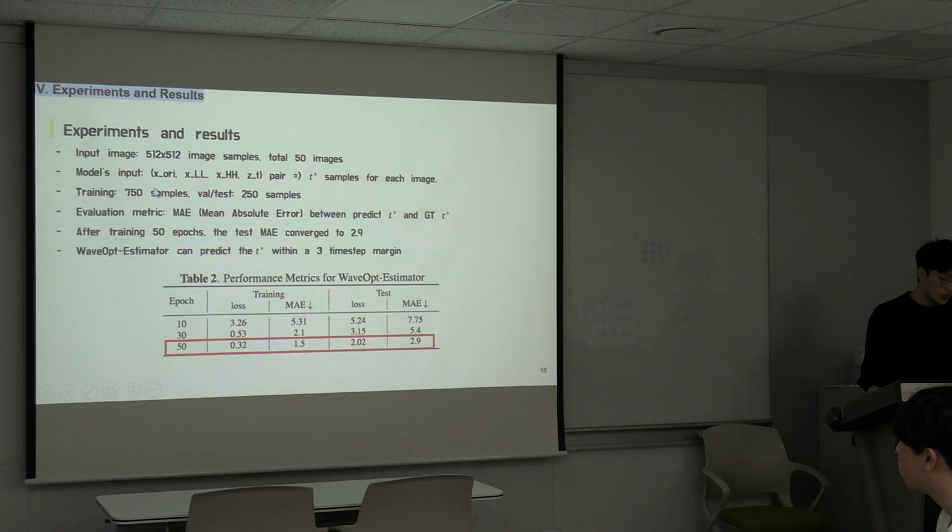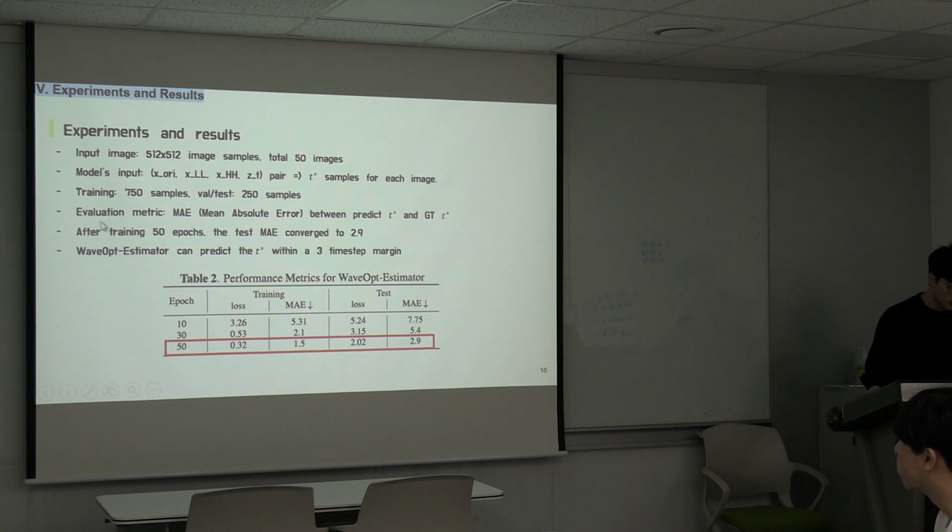And finally, we constructed 750 samples for training and 250 samples for validation and test. And we use MAE as the evaluation metric, which is calculated between the predicted T star and the ground truth T star.